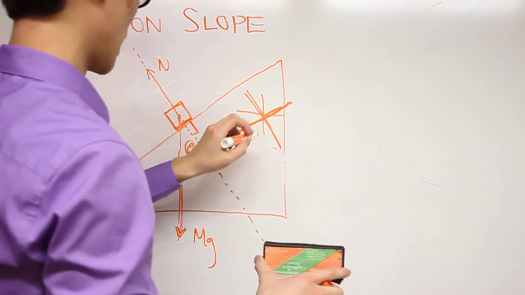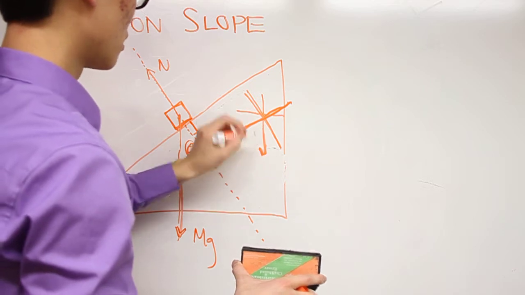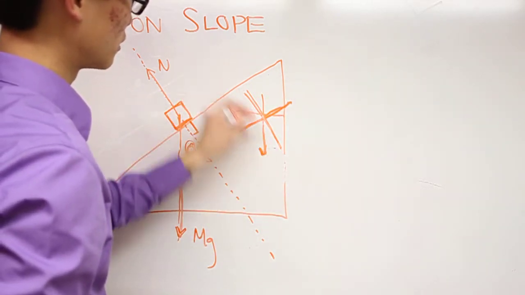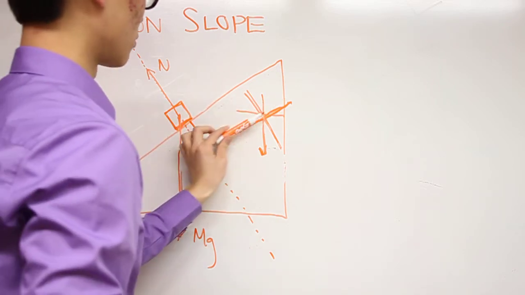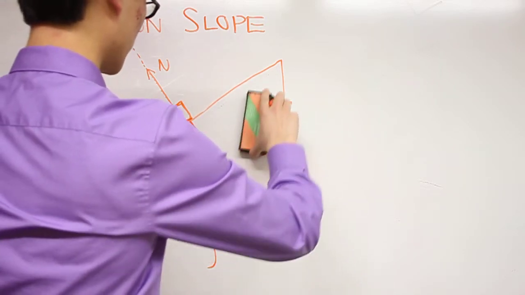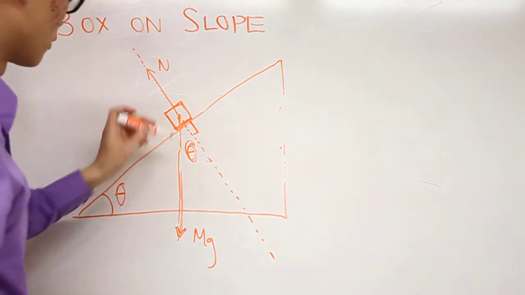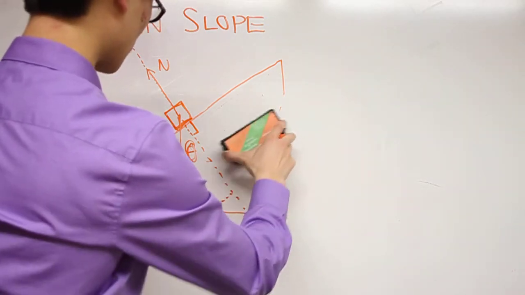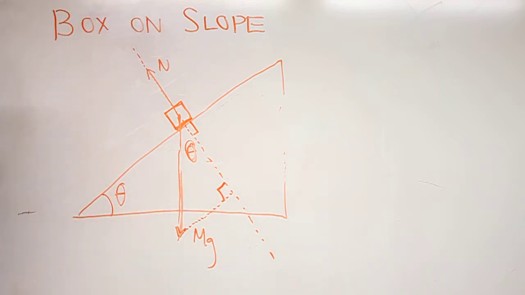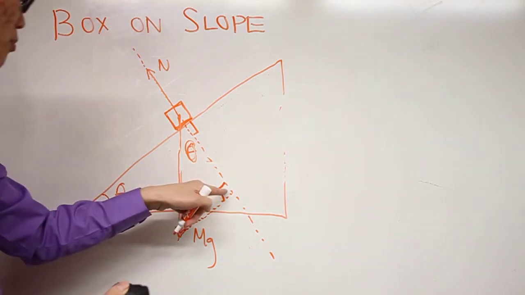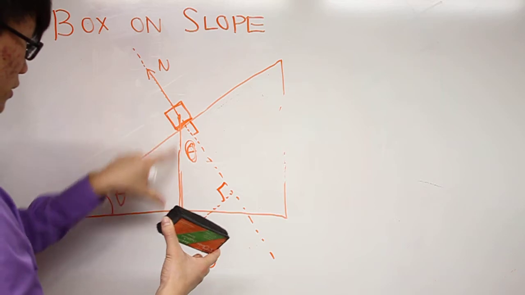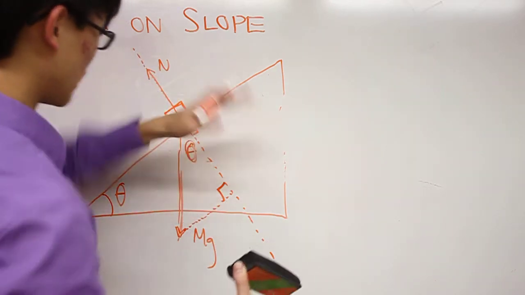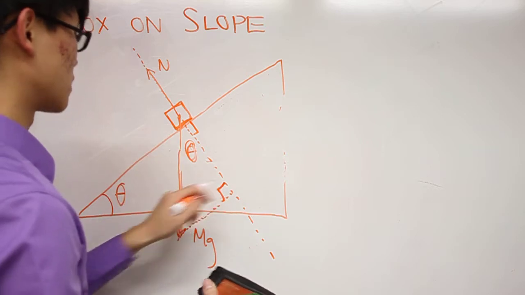So if we had a force going vertically, we're going to now break it into what component of that is going in this direction and what component is going in this direction. So we're going to do that right now for gravity. We see that we've created a triangle of our own right here, where this is perpendicular. And we want this to be perpendicular because we're breaking this component into directions this way and this way. So that's why we've created this new axis here.